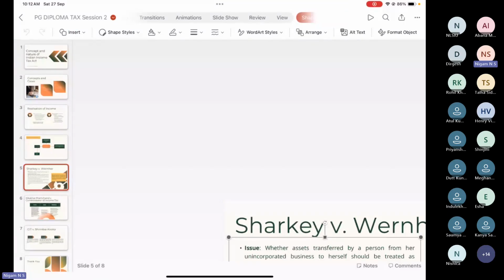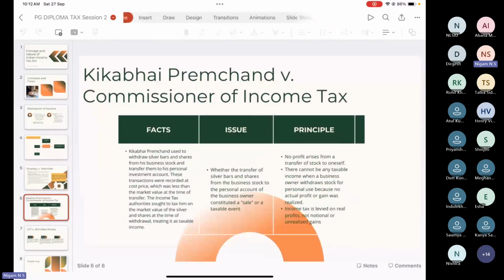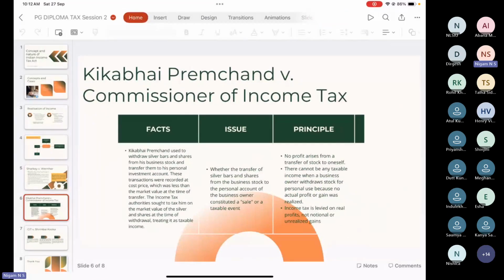So, Indian cases. Kikabai Premchand versus Commissioner of Income Tax is very similar to the facts that I've just given you. The facts of the Kikabai Premchand case are that Kikabai Premchand used to withdraw silver bars and shares from his business stock and transfer them to his personal investment account.